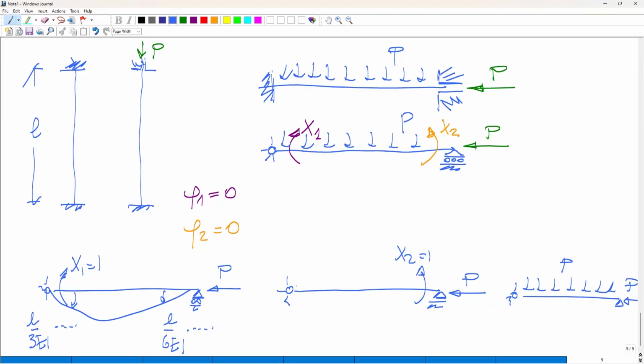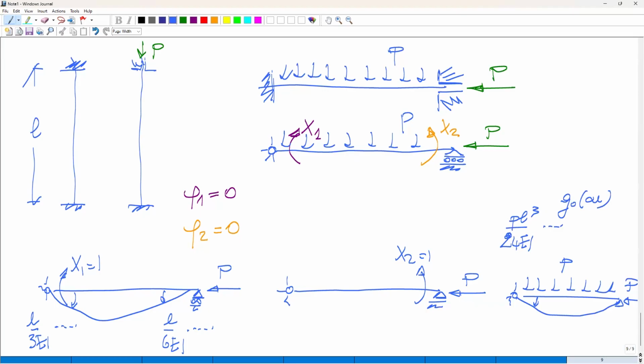And the other case is exactly the opposite. This case we have not solved, but we know that this rotation is PL cubed divided by 24EJ multiplied by something. Let's call this something G0. It's not of our interest. You can find it in handbooks, you can calculate it. It's a function, okay?